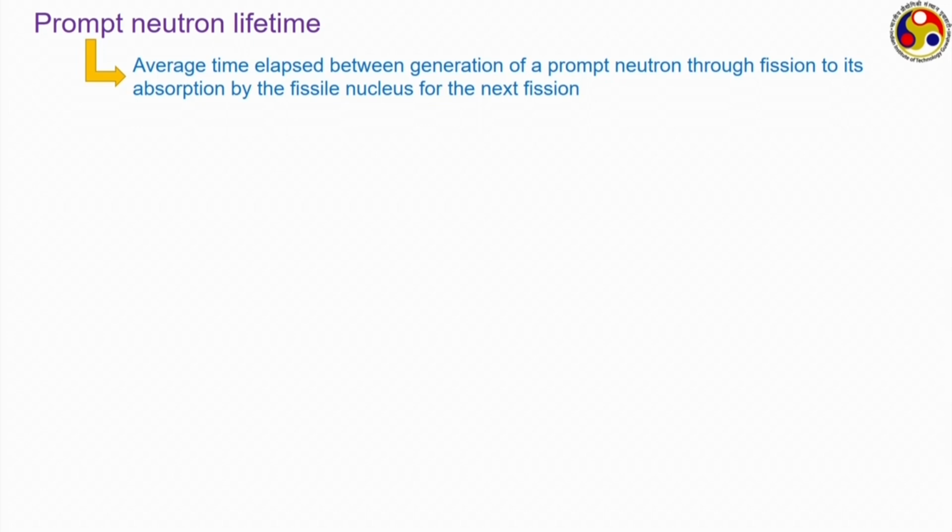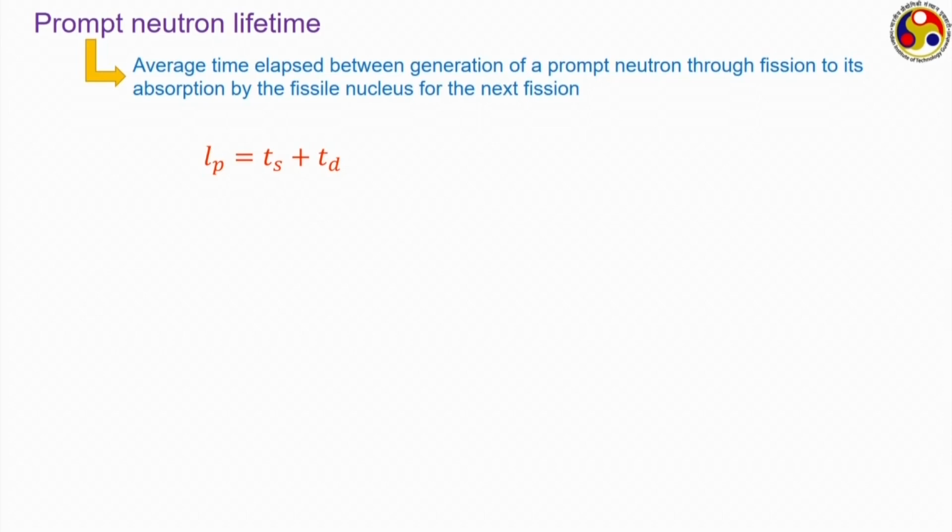It goes through several phenomena: in very rare cases it can induce a fission, it can go through all those scattering and attenuation through the intermediate energy range, and finally, once it comes to the thermal neutron level, it can get diffused and absorbed in the moderator or in the fuel, and this entire period is the one that we call the prompt neutron lifetime.